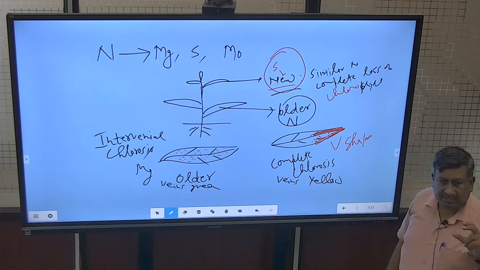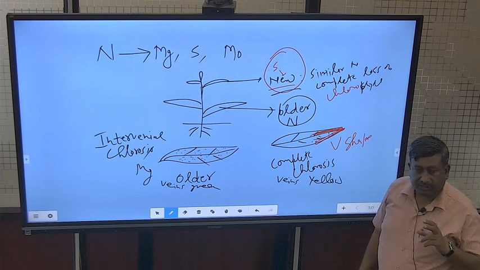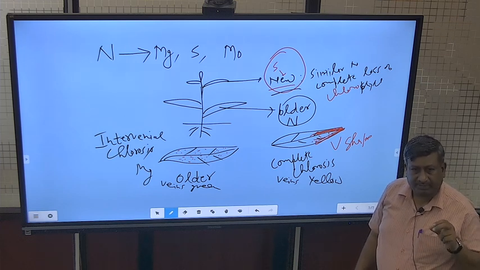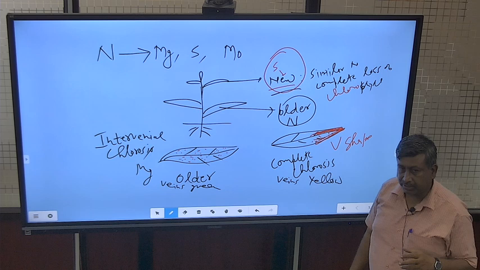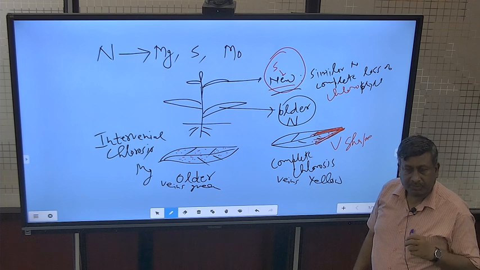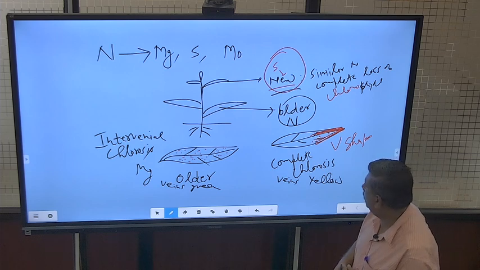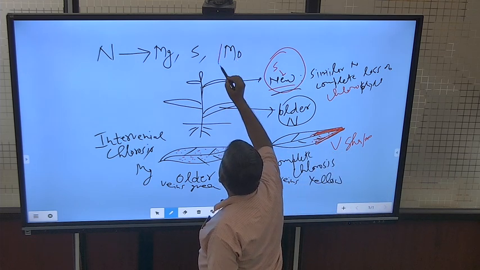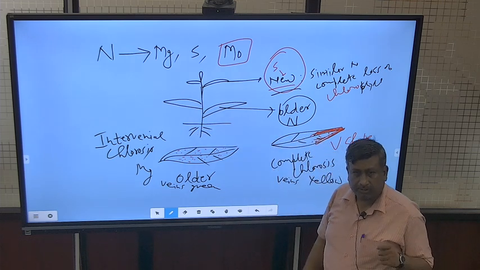The difference is with respect to the type of leaves in case of nitrogen and sulfur. Deficiency symptoms are the same, but if it is on new, younger leaves, then it is sulfur. If it is on older or lower leaves, then it is due to nitrogen, complete loss of chlorophyll including veins. And if in older leaves veins are green and the lamina has lost the chlorophyll, then it is due to magnesium.